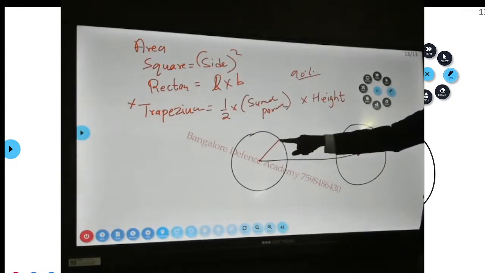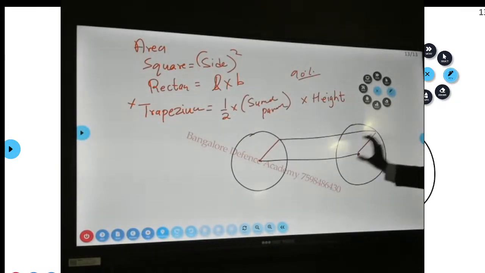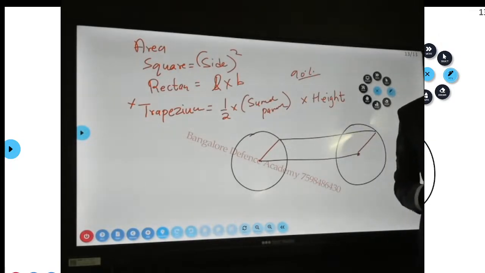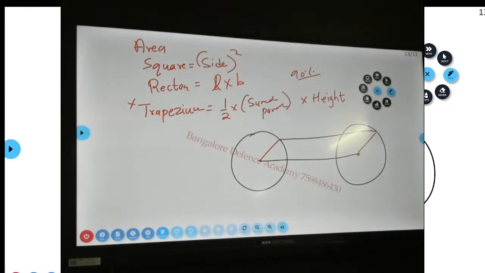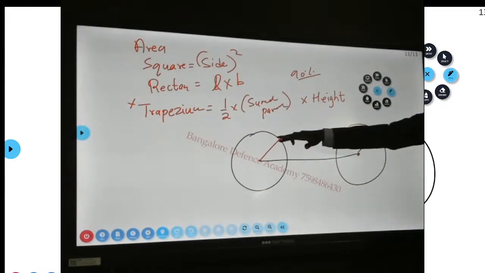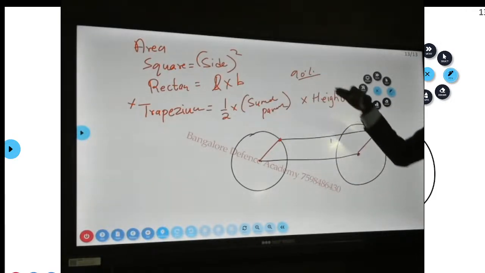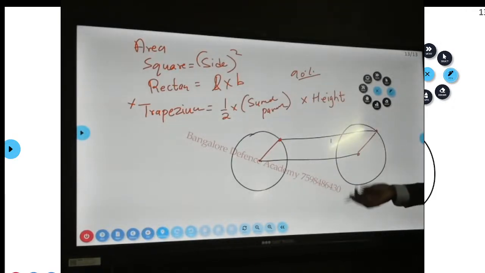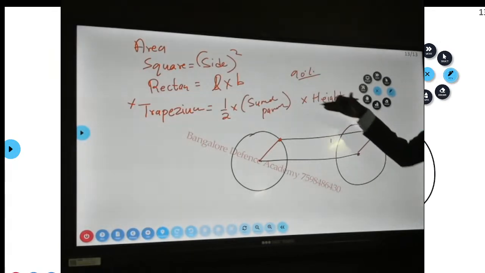Now tell me, if I keep rotating this point and this point, what happens to the wheel? What will happen to the wheel? It will move. See, here it is fixed. Now tell me, if I pedal like this, what will happen? It will start moving.